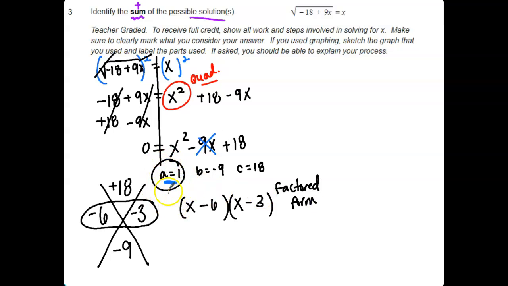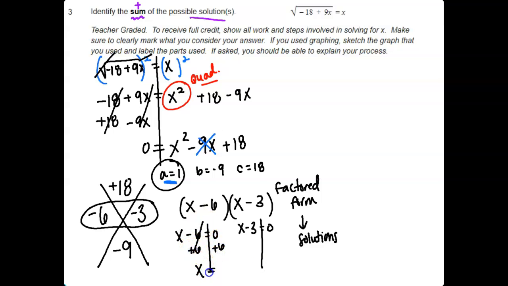Again, this only works if your a is equal to 1. Now to go from factors to solutions, remember that we need to set equal to 0. So x minus 6 is equal to 0 and x minus 3 is equal to 0. So we add 6 and we get x is equal to 6. We add 3 and x is equal to 3.